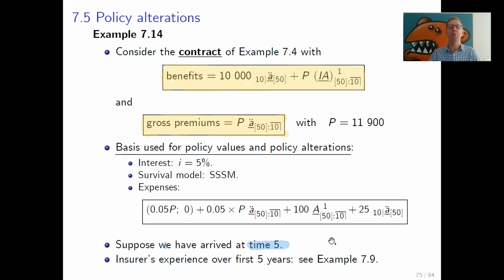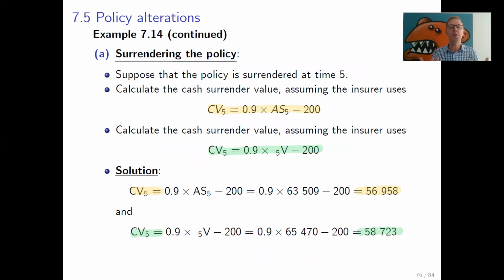Suppose now that we have arrived at time 5 and that the insurance experience over the past 5 years was as what we have seen in example 7.9. Let us now suppose that the policyholder wants to surrender the policy. So the policy is surrendered at time 5, and let us calculate the cash surrender value, assuming that the insurer uses this calculation for the surrender value.